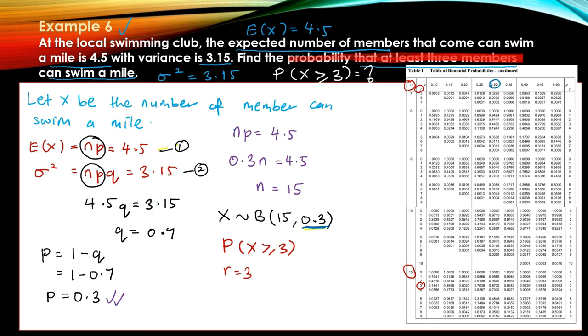So the value will be this one, 0.8732. You need to refer to the correct row and the correct column. If not, you will get the wrong answer. Therefore, the answer will be P(X greater than or equal to 3) is equal to 0.8732. You can refer to your table, binomial table or Poisson table or normal table at the back of your module.